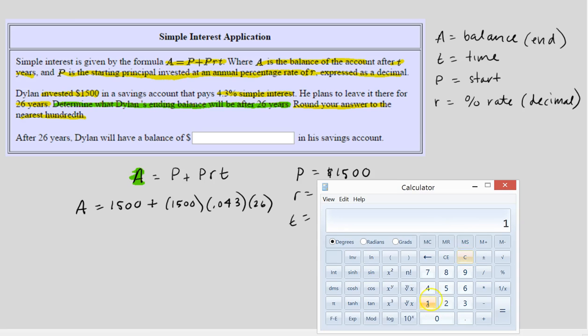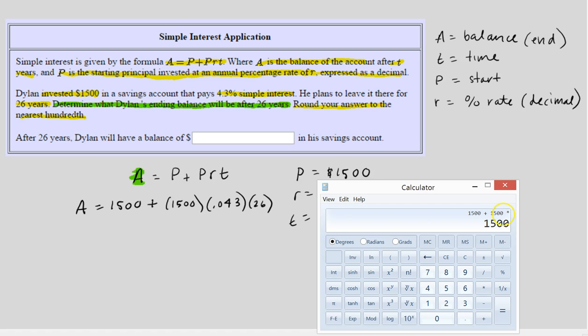So we have 1,500 plus, now I'm going to put these in parentheses, 1,500. Oops, the calculator doesn't like that. 1,500 plus 1,500 times. Now this calculator wasn't accepting parentheses as multiplication.